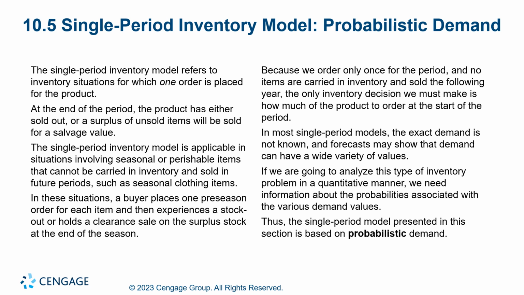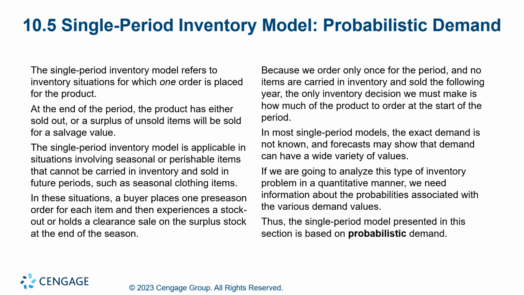Because we order only once for the period, the only inventory decision we must make is how much of the product to order at the start of the period. Obviously, if the demand were known for a single period inventory situation, the solution would be easy. We would simply order the amount we knew would be demanded. However, in most single period models, the exact demand is not known.